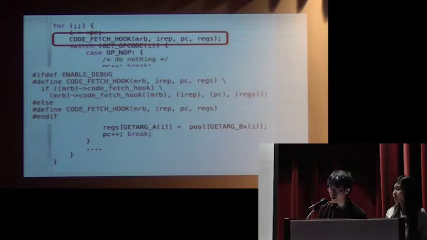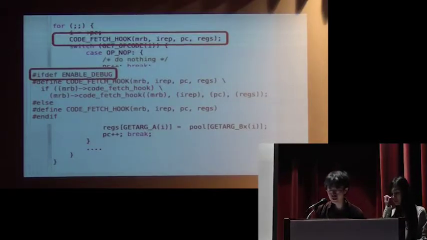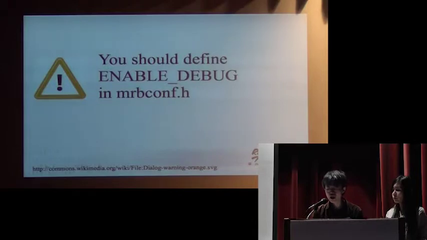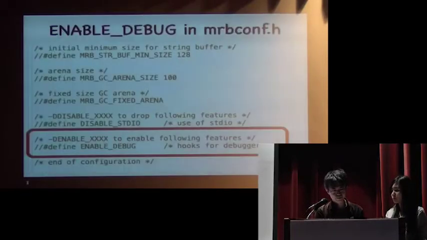If ENABLE_DEBUG is defined, it calls the code fetch hook function in the mrb variable. So when using the debugger, you should define ENABLE_DEBUG. ENABLE_DEBUG is in the mrbconf.h header file.